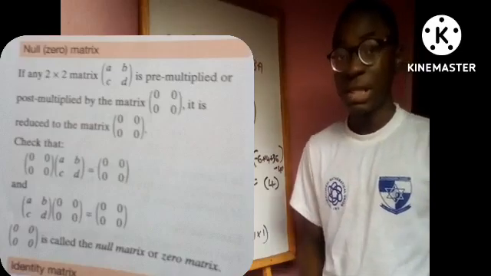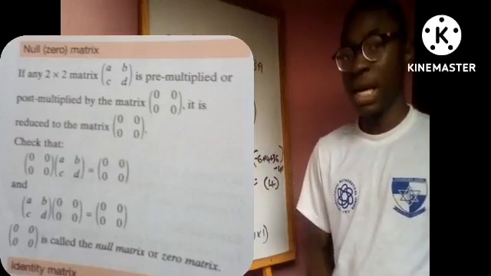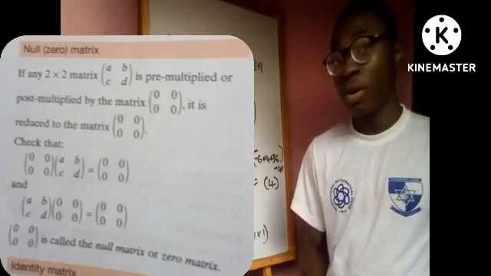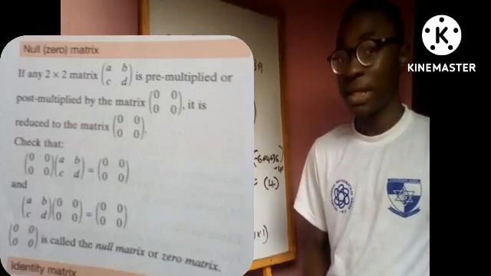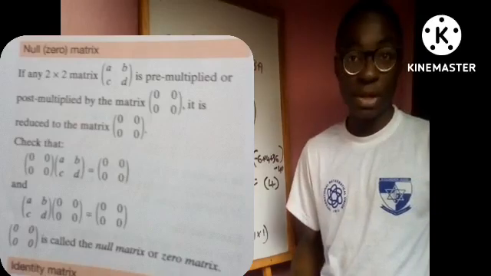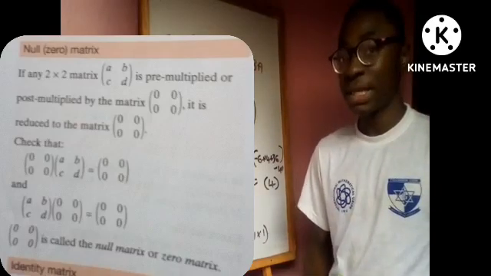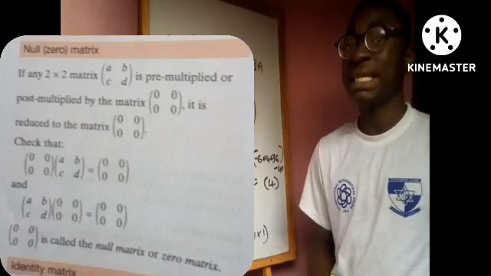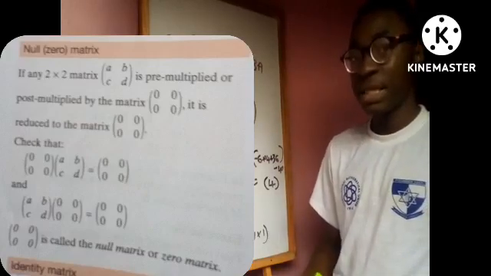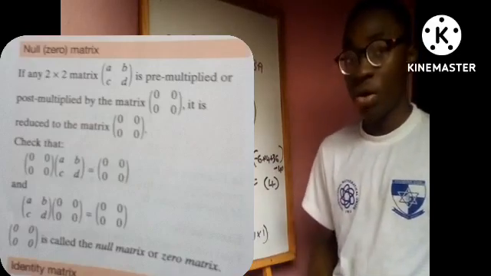So anytime you pre-multiply a matrix by a null matrix, you get a null matrix. This is analogous to multiplying a number by 0. When you multiply any number by 0, you get 0. The same goes for matrices. Anytime you pre-multiply or post-multiply any matrix by the zero matrix, you get a zero matrix. A matrix that has all its elements as 0 is called a null or zero matrix.